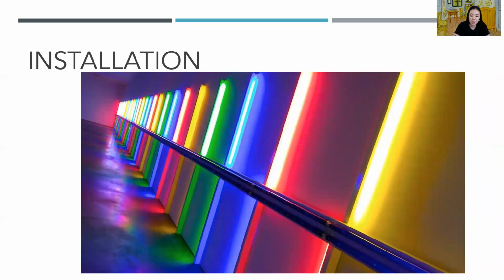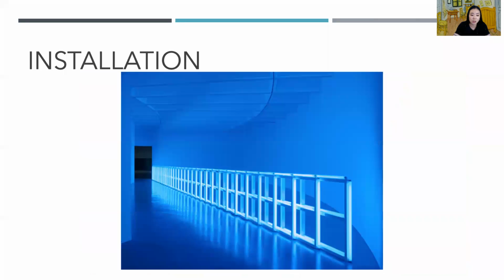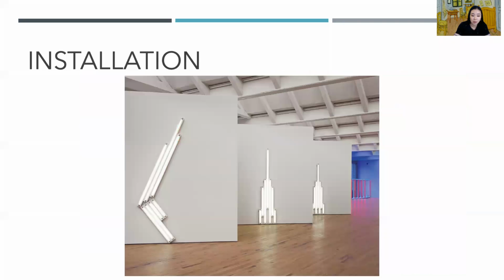So minimalist sculptures were shown carefully positioned in the architectural spaces of museums or galleries. And artists created installations and spaces conceived of as works of art for viewers to enter and experience.